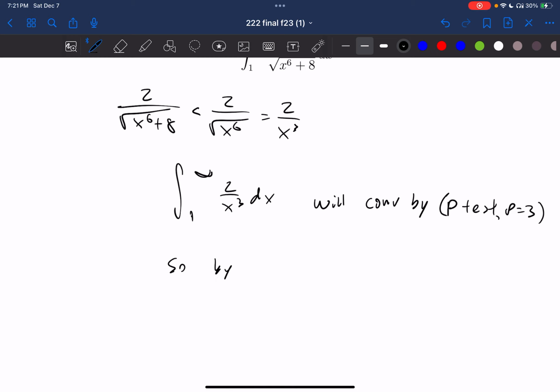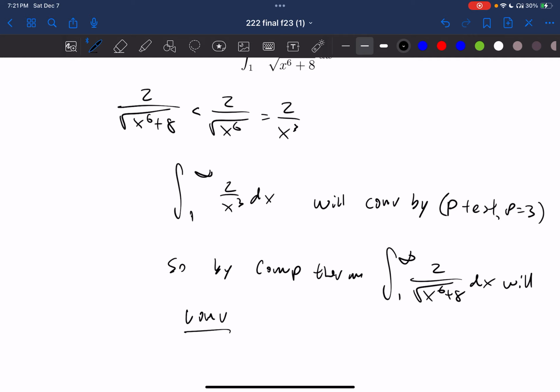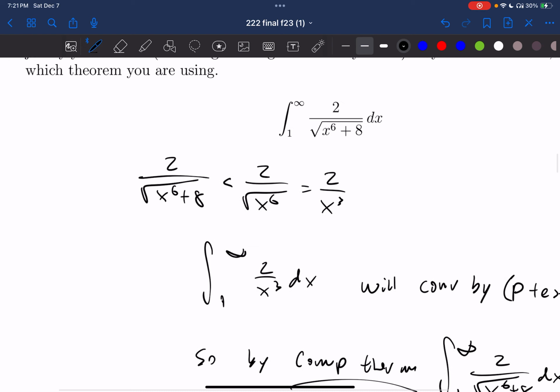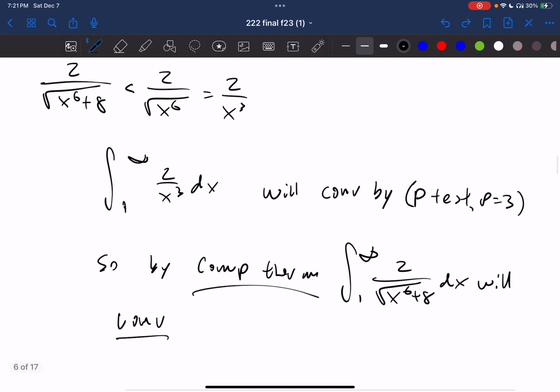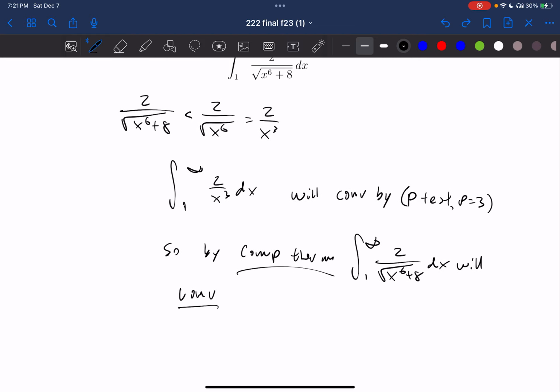So by the comparison theorem, the integral from 1 to infinity of 2 over the square root of x to the 6 plus 8 dx will converge. Since this is bigger than this, if the bigger function converges, the smaller function must converge.